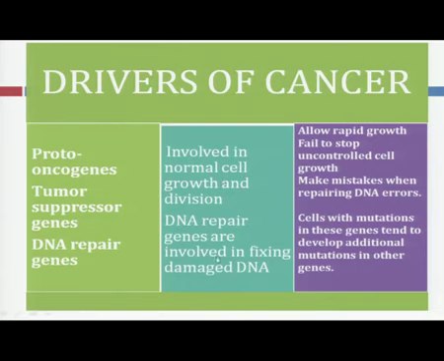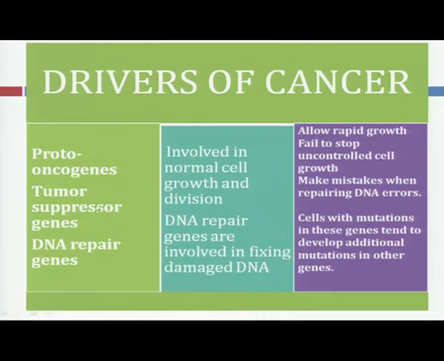DNA repair genes are involved in fixing the damaged DNA. What will happen if any kind of mutation takes place in these genes? These genes are very important and crucial for normal cell growth and division. They are controlling the DNA repair function also. If any kind of mutation takes place inside these genes, these systems will start functioning wrongly.